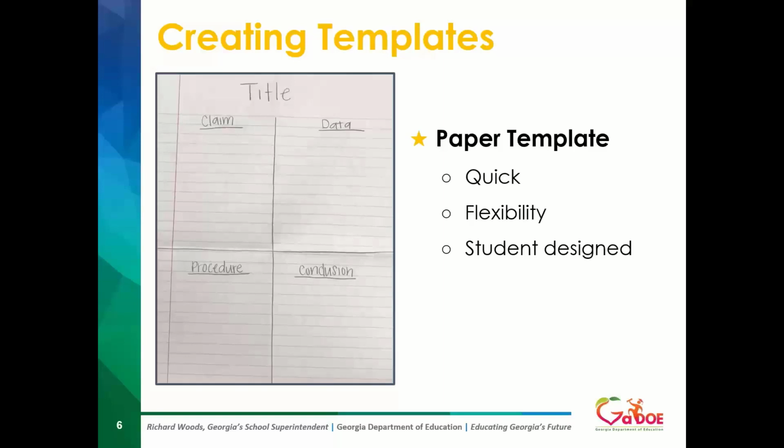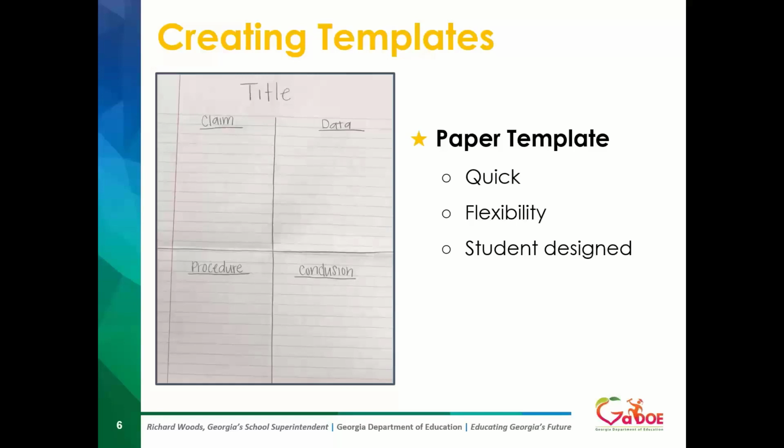And so the first quadrant is going to be their claim. And that is typically where my kids will put hypothesis and variables. You could even have them list the materials that they're going to use in that first box. The second box is going to be the procedure that they design. And so that would be like the steps that they follow.